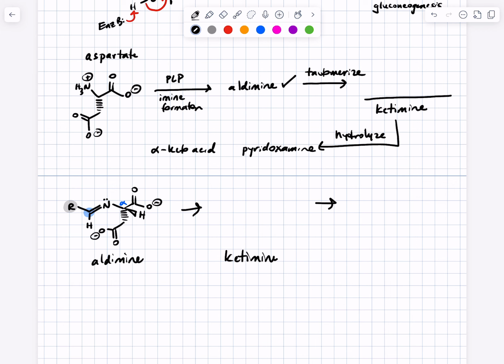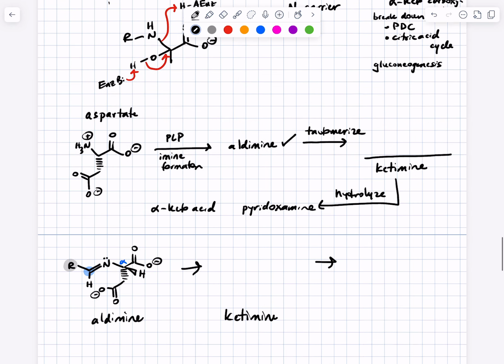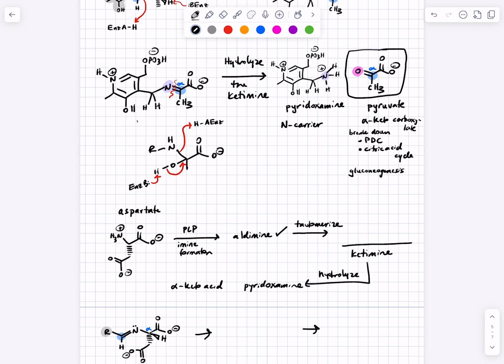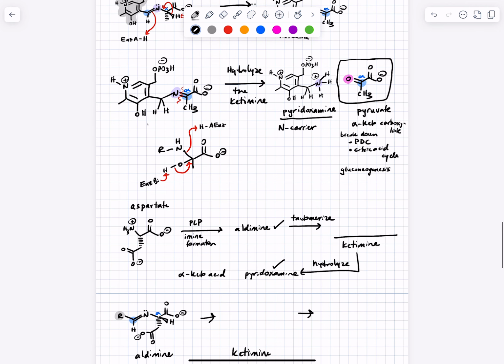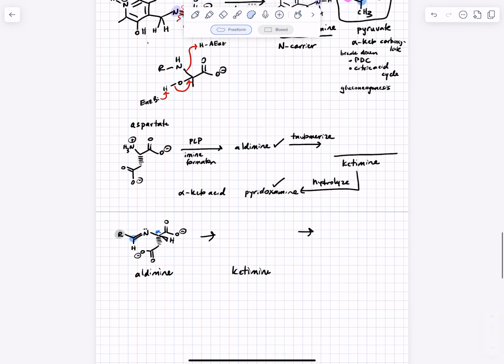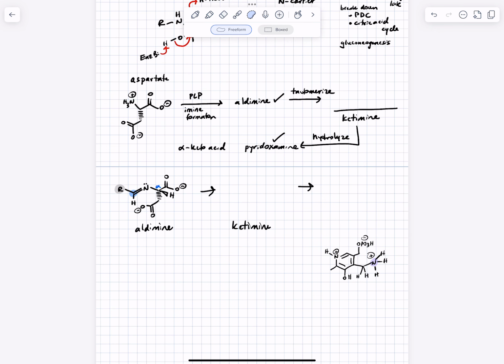And then I want to see the products, pyridoxamine and the alpha keto acid. You've seen pyridoxamine before, it's drawn here. You don't have to draw it again if you don't want to, but in fact, I'll just copy and paste it, but I do want you to show me the alpha keto acid that gets formed. And I do want to see if you recognize that alpha keto acid, or I guess I should say alpha keto carboxylate. While you're doing that, I'm going to try to figure out this stupid eraser thing.